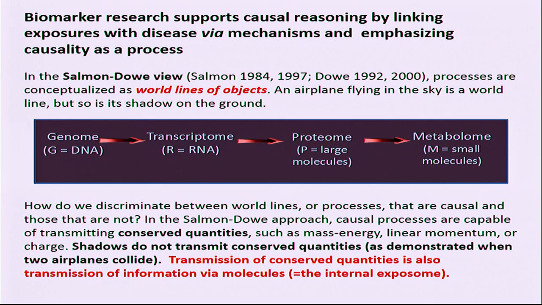In Salmon's approach, causal processes are those which are capable of transmitting conserved quantities, such as mass, energy, momentum, or charge, whereas shadows do not transmit conserved quantities. When the airplanes collide, there is a transmission of conserved quantities, so that they interfere with each other physically, whereas the shadows on the ground do not transmit conserved quantities. So the latter do not represent a causal process.